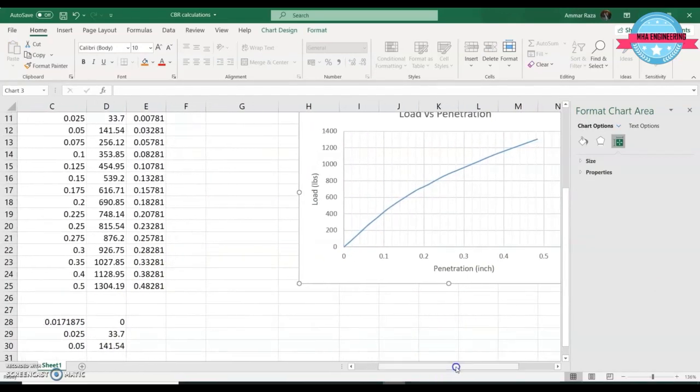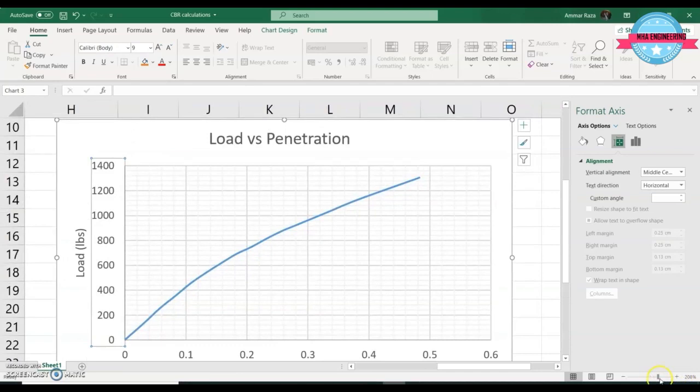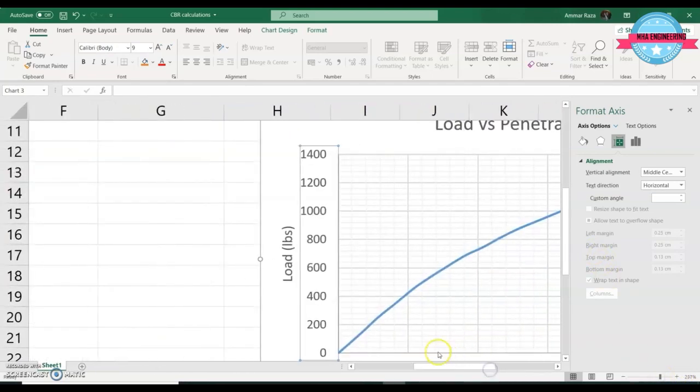And now it's pretty straightforward. You can measure 0.1 inch. You can extend a line from here and see the corresponding load value. And the same for 0.2 inches. If we zoom in a bit, we can see that at 0.1 inches, it is roughly 420.